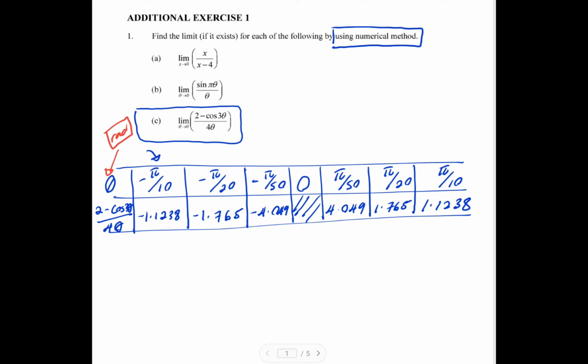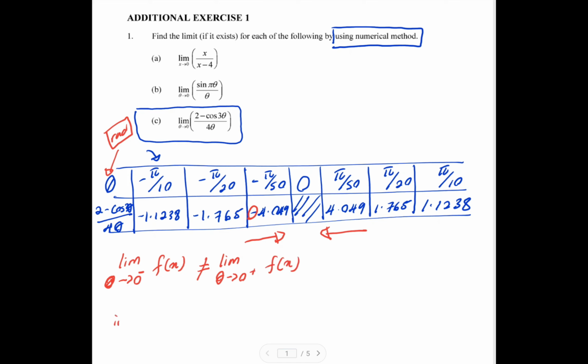We can see from this table, numerically, that from the left you get negative 4.049, and from the right 4.049. We can see that the limit as theta approaches 0 from the left of the function f(x) is not equal to the limit as theta approaches 0 from the right.